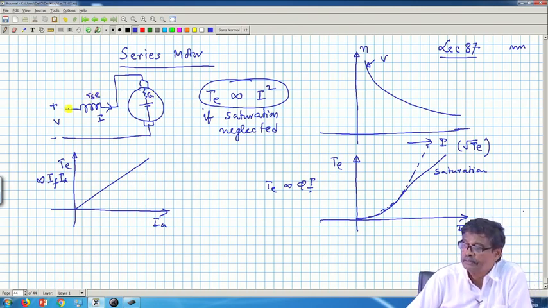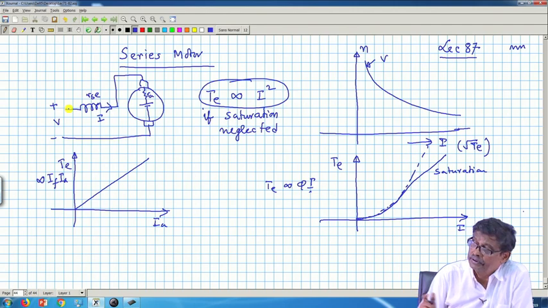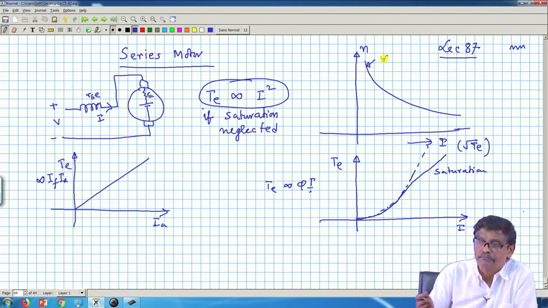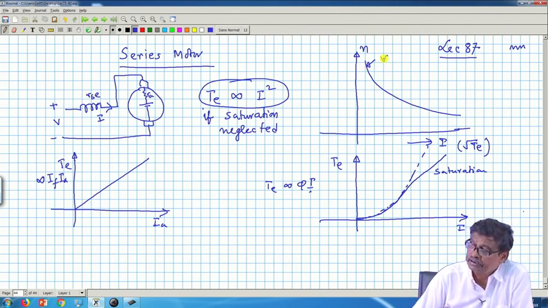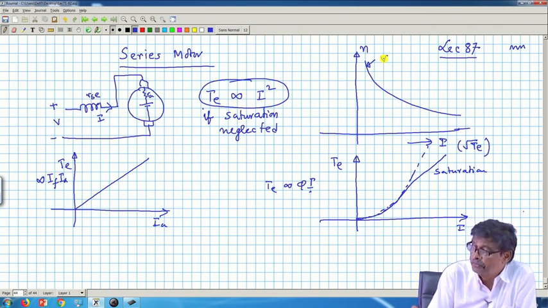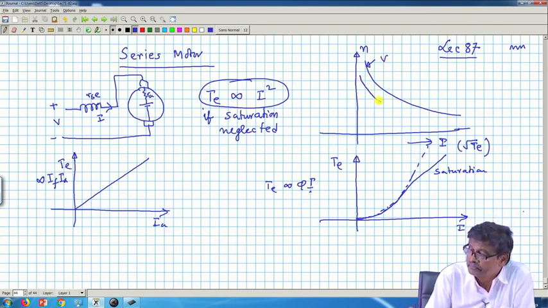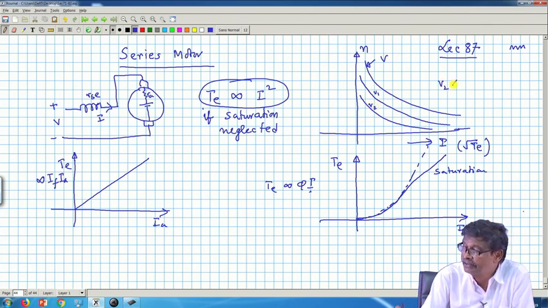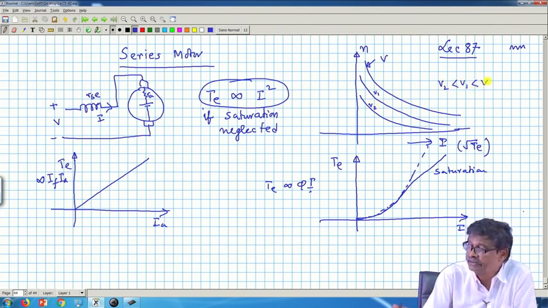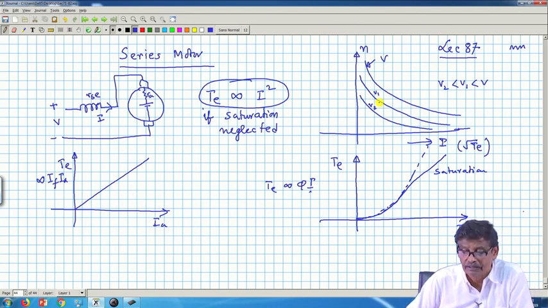So, with respect to some parameter voltage V, you can get a family of curves with V 1, V 2, so that V 2 is less than V 1, which is less than V, where V is the rated voltage.